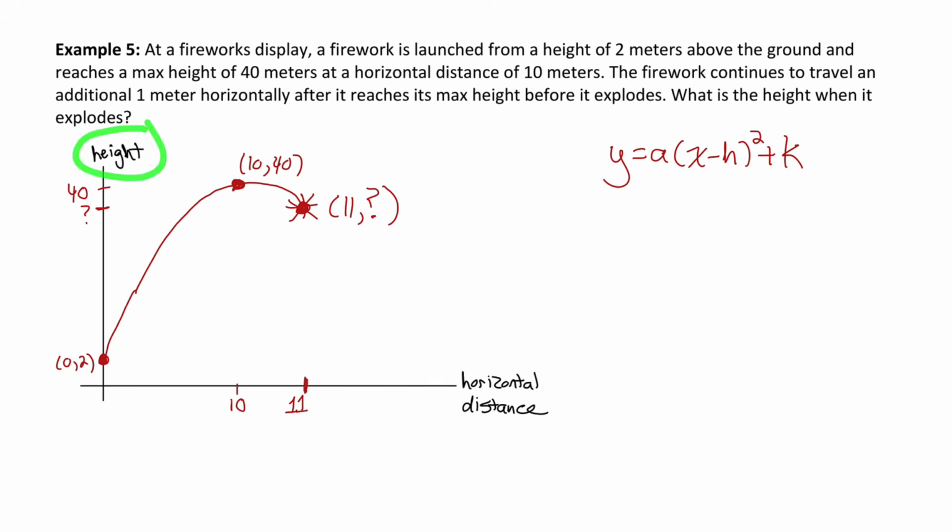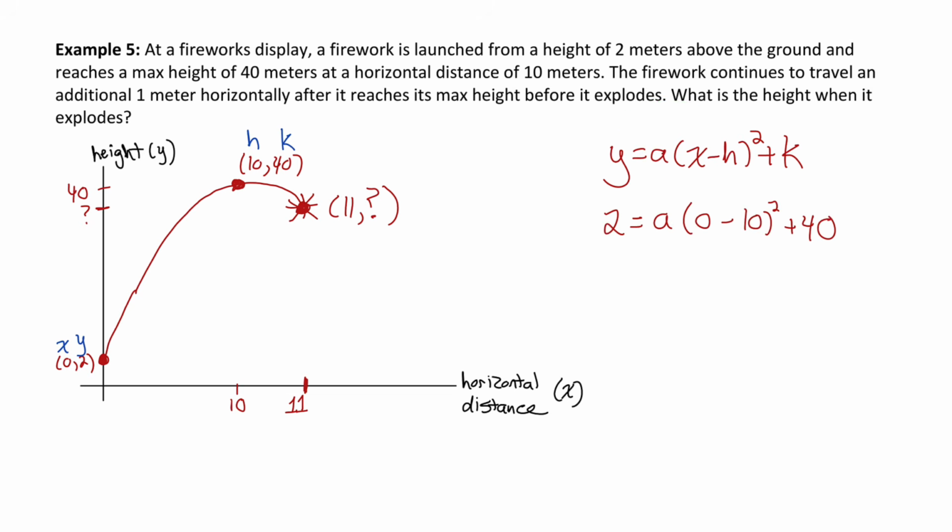Notice the height is the dependent variable, it's on the y-axis, and the horizontal distance is on the x-axis. So in this equation, know that y is height and x is horizontal distance. I've got the vertex, which can be h and k, and I've got this y-intercept here, the point 0, 2, that can be an x and a y value. Subbing that in to this vertex form equation, my only unknown would be a.